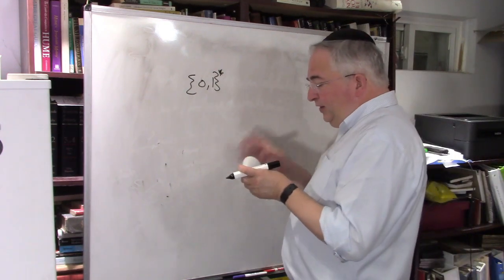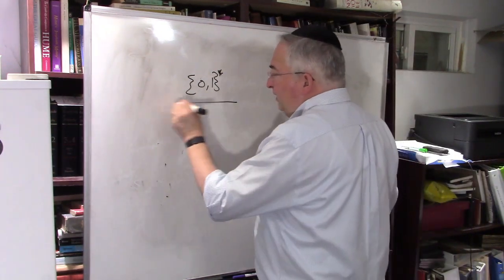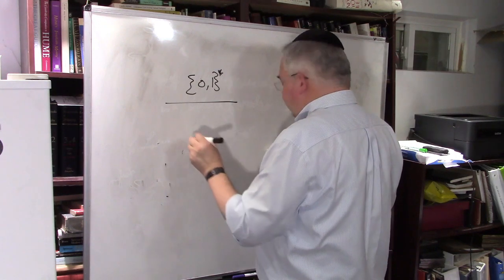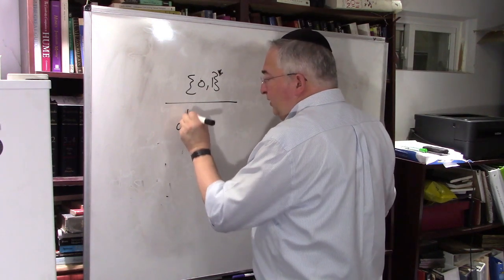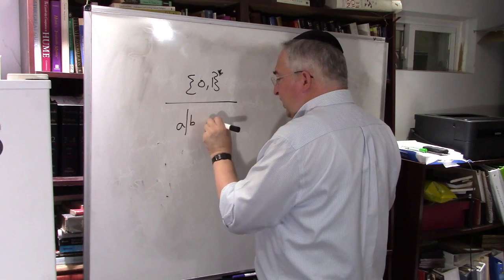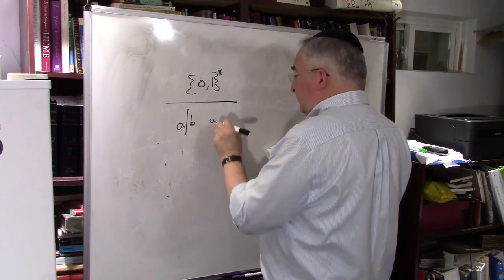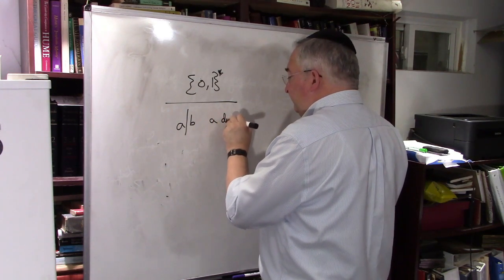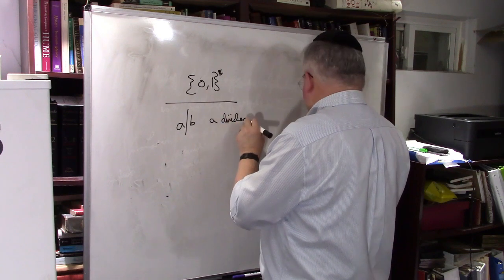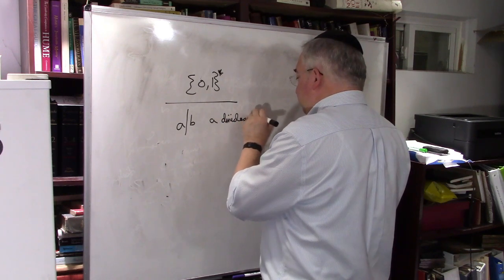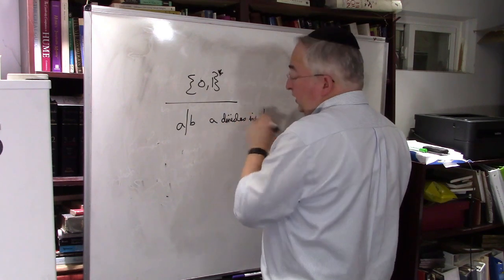Let me just say one thing for the homework. In the homework questions, we're going to deal with this symbol, A/B, which means A divides B evenly.